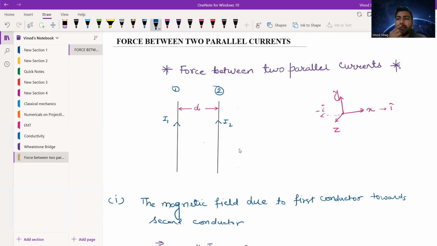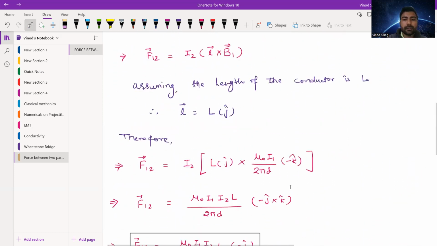So again, we will apply the right hand thumb rule. If the direction of current I2 is upward, the magnetic field will be out of the page. So it will be plus k cap.